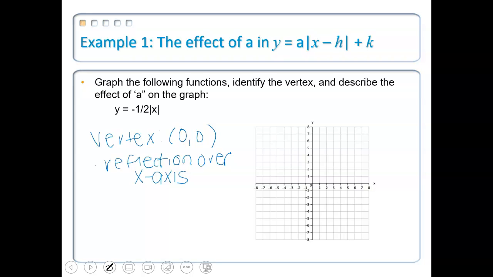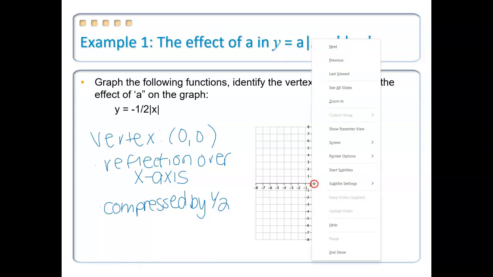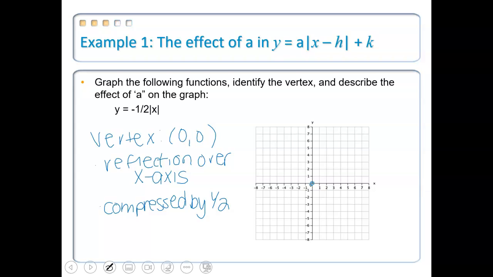And then the 1/2 will compress it, meaning my graph will be wider than the original. So my original graph went through 1, 1. Being compressed by 1/2, it will go through 1, 1/2.